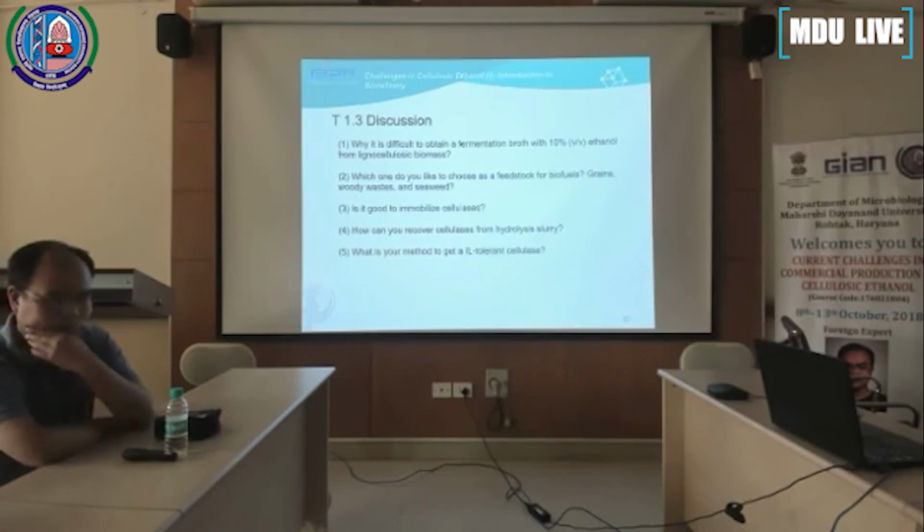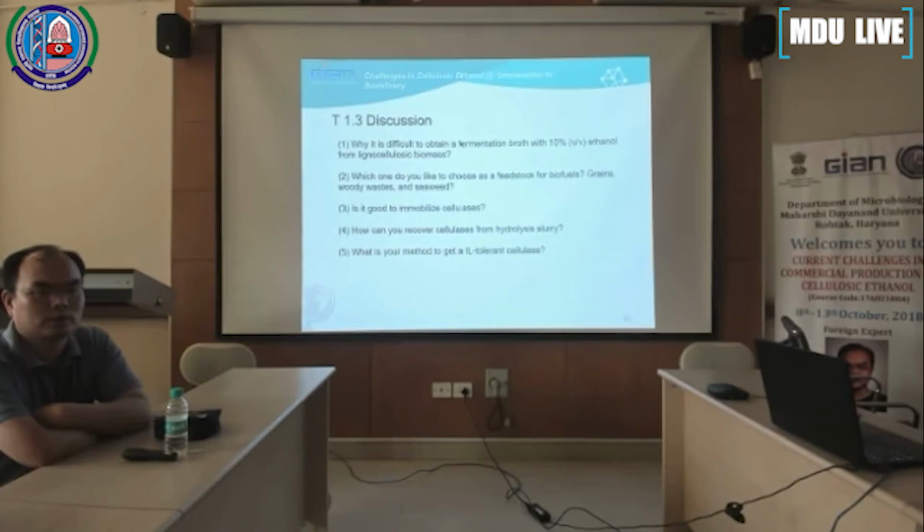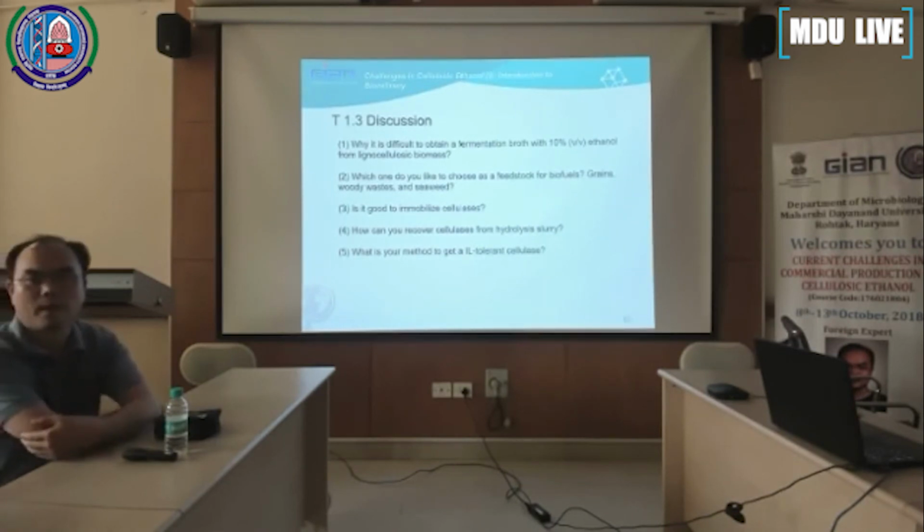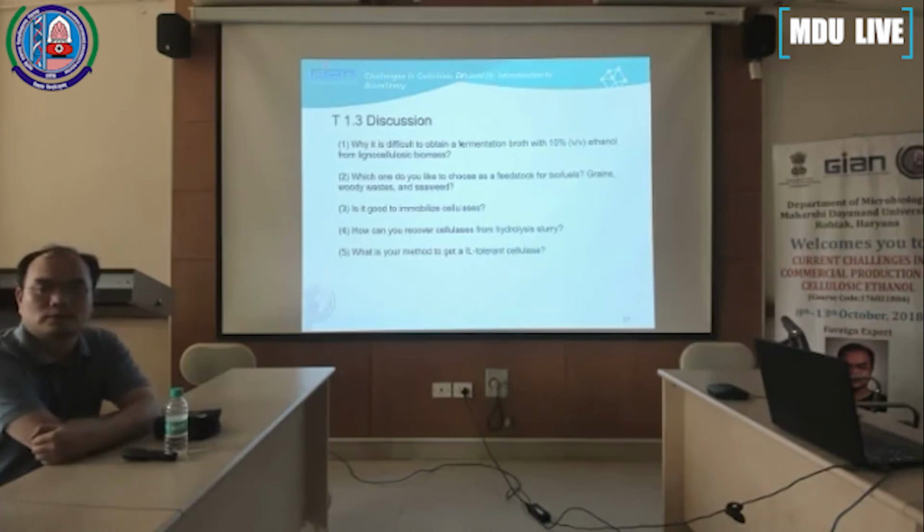That's one limitation. The other limitation we spoke about is the inhibition of the enzyme cellulase. Cellulase has always been a challenge when it comes to production, the turnover number of the enzyme, and the catalytic efficiency. That's one limiting factor hindering the commercialization of ethanol production.